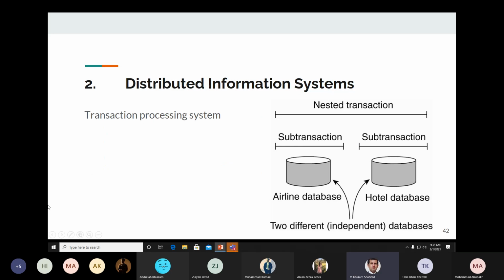So you can see that there is a nested transaction, in which there is sub transaction one and sub transaction two, and in this case it is going through an airline database and a hotel management database. This is an application of a distributed information system in a transaction processing system.